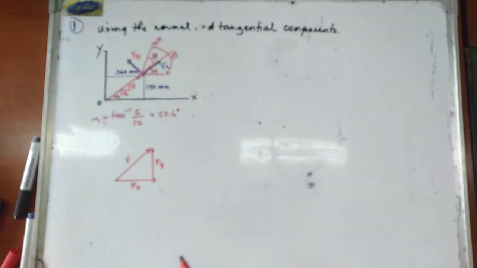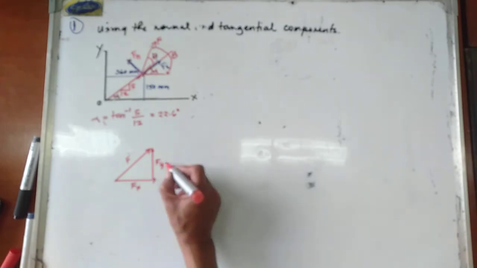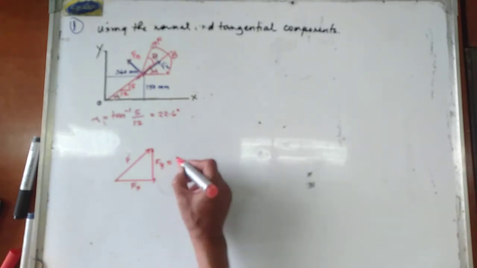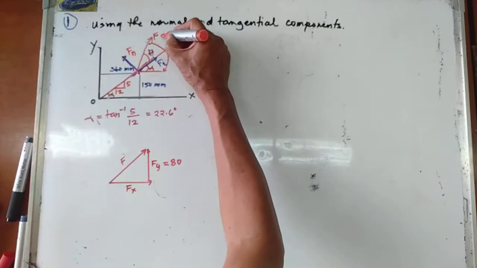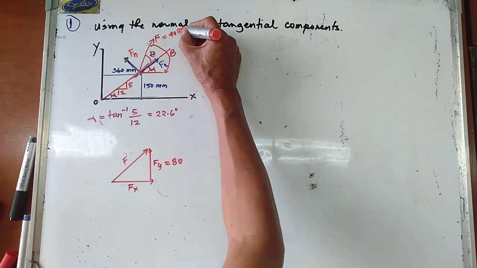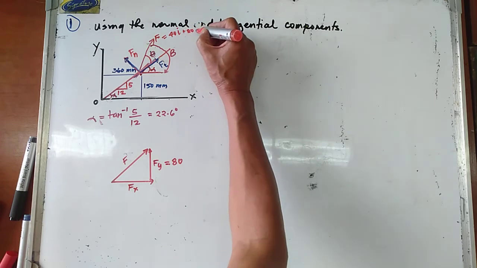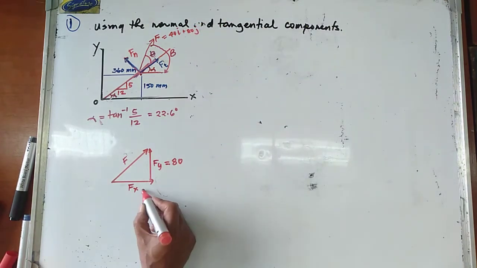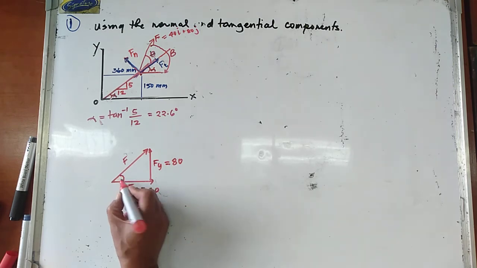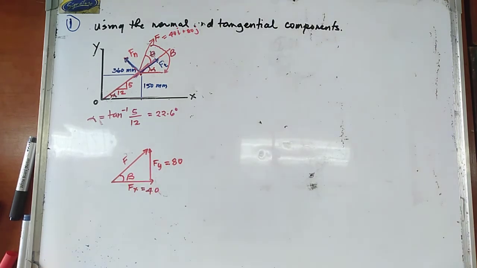Now, your Fy is equal to 80 newtons, because the force F in here is 40i plus 80j. And your Fx in here is equal to 40. Hence, that is therefore your beta.